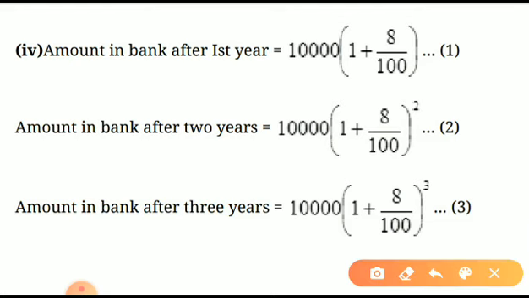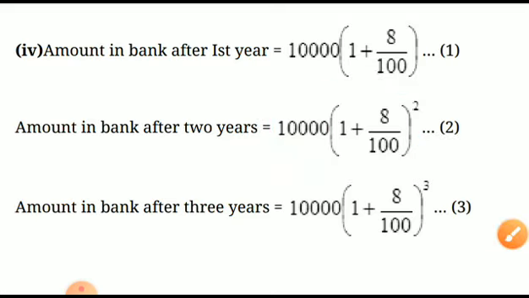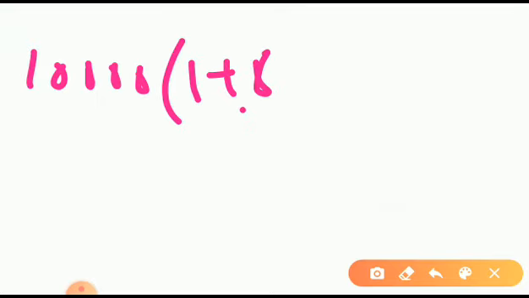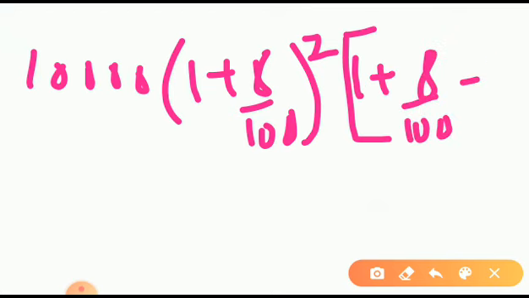Then next, check the third term minus the second term. Taking the common factor, I will get 10,000 into 1 plus 8 by 100 bracket square, and inside the bracket 1 plus 8 by 100 minus 1.